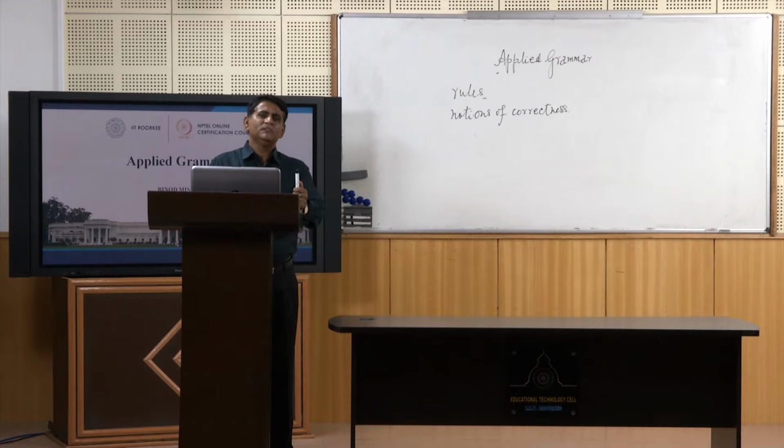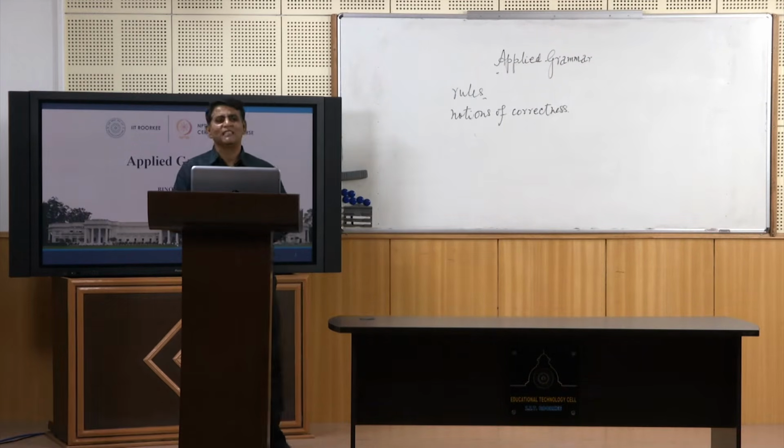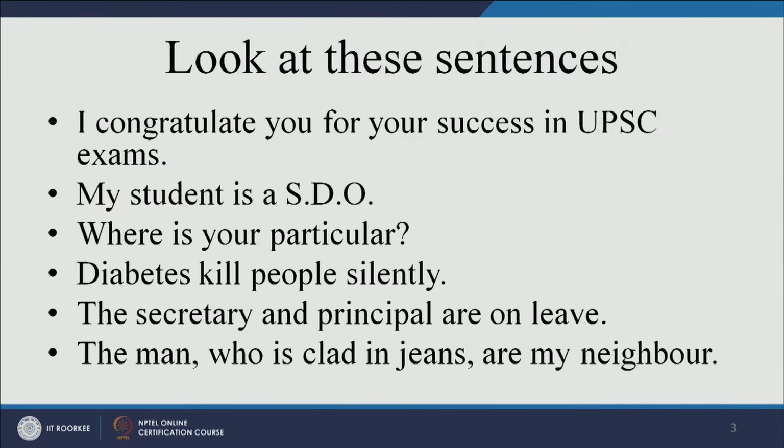Now, in order to see how we use, let us look at these sentences, and you will find that even though meaning is there in the sentence, when we come to check the correctness level, we will find that something is wrong.